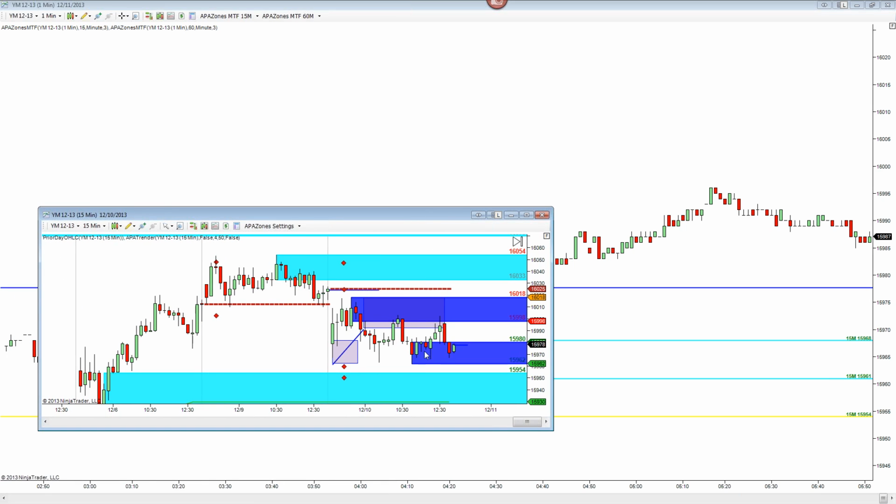You can see what I mean over here on this chart really nicely. You see how we've been kind of bouncing back and forth here. So that's kind of what I'm looking at.